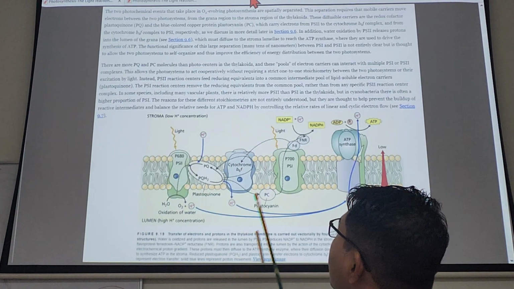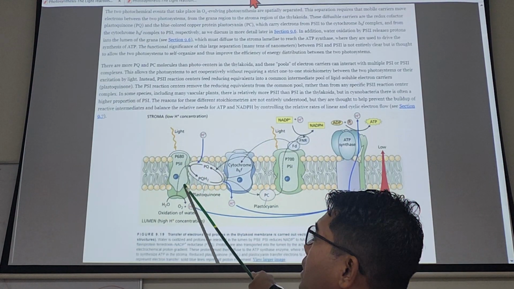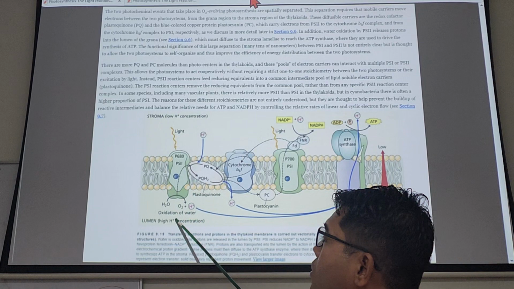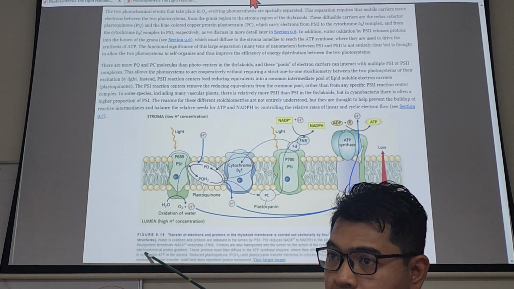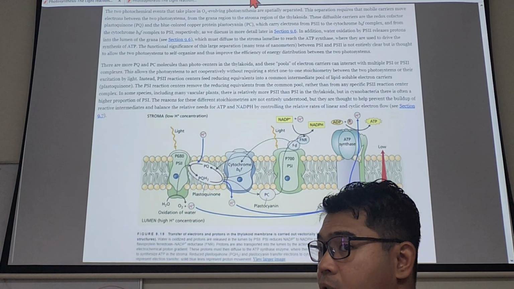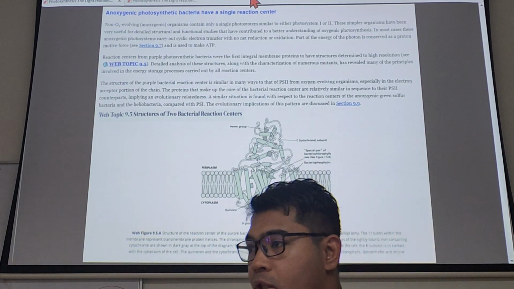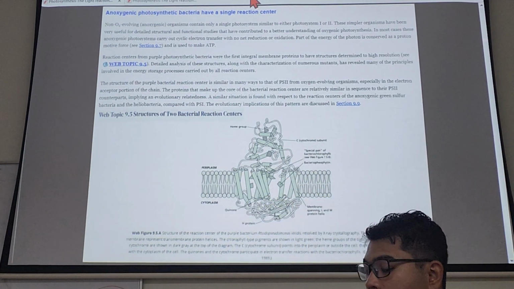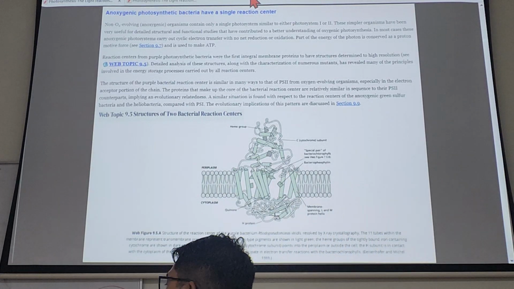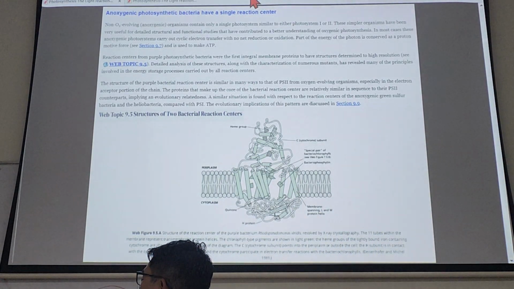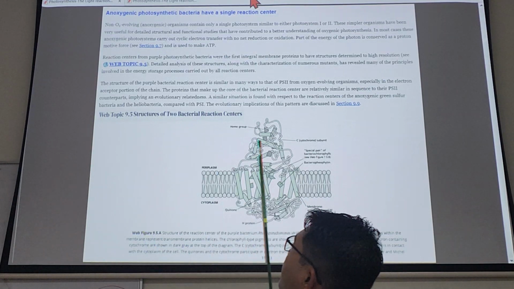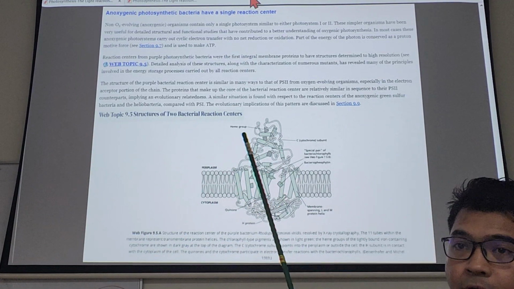For plants, because of the presence of PS2, oxygen is released. That's why we get oxygen. But for bacteria, they just want to have the energy carrier and also ATP. So in order to have these two compounds, one set of photosystem is enough.